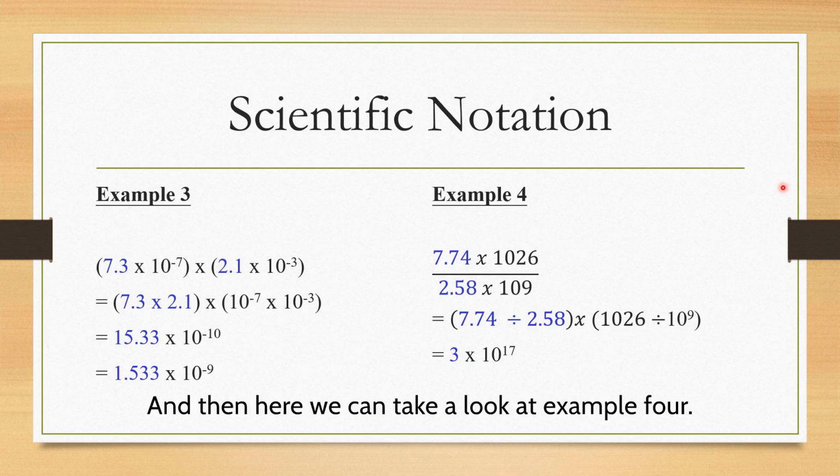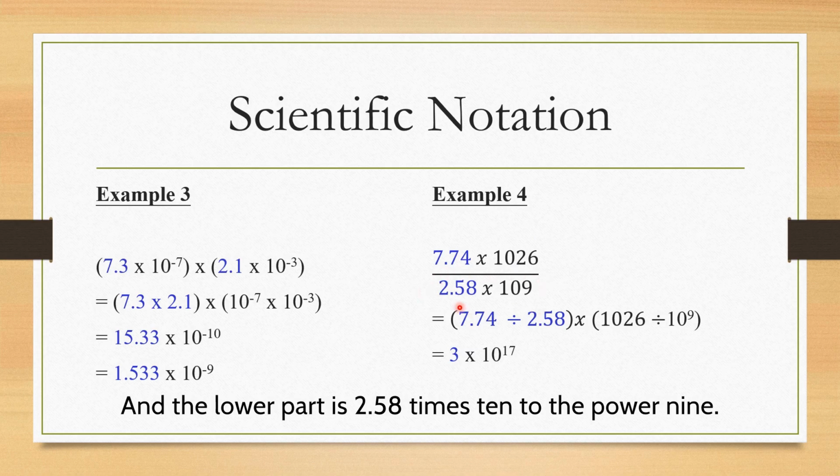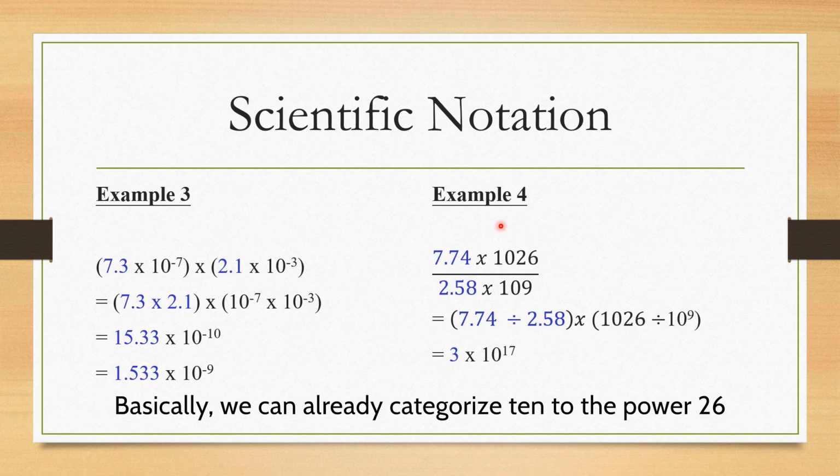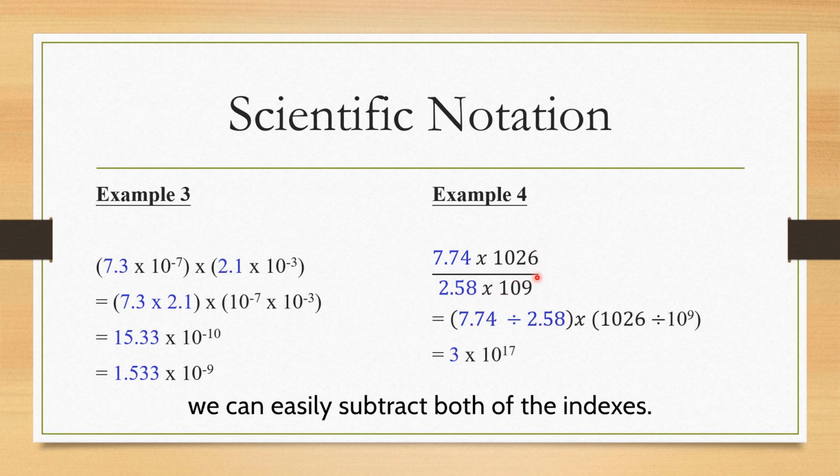And then here, we can take a look at example 4. We can see 7.74 times 10 to the power 26, and the lower part is 2.58 times 10 to the power 9. Basically, we can already categorize 10 to the power 26 and 10 to the power 9 as one group, because we can easily subtract the indexes.